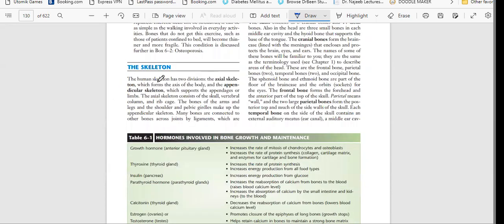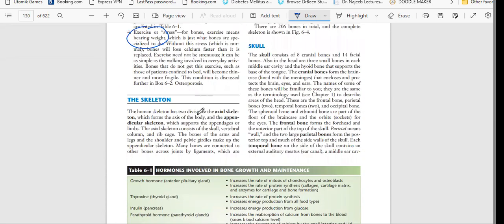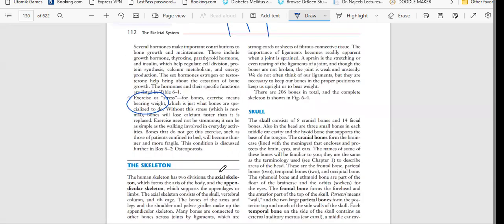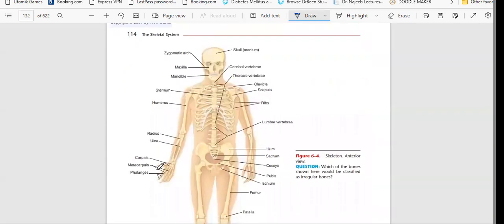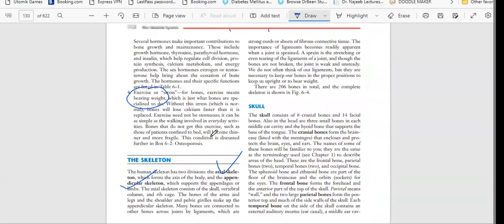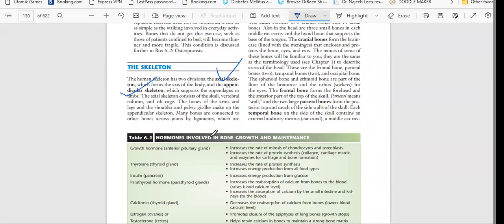Let's talk about the skeleton. In the skeleton we have two divisions: the axial skeleton and the appendicular skeleton, which supports the appendages or limbs. The axial skeleton consists of the skull, vertebral column, and rib cage. Everything will come under the axial skeleton.